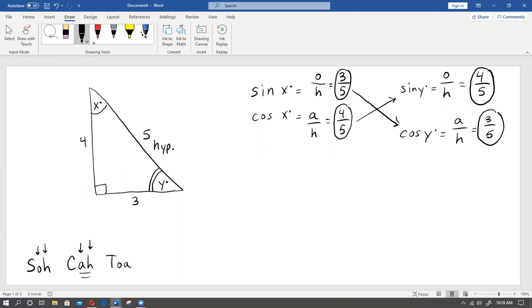Now remember that the angles of the triangle add up to 180, right? And we have a 90-degree angle right here. So the only angles left other than the 90 are angles X and Y. So angle X plus angle Y is going to equal 180 minus 90, right?